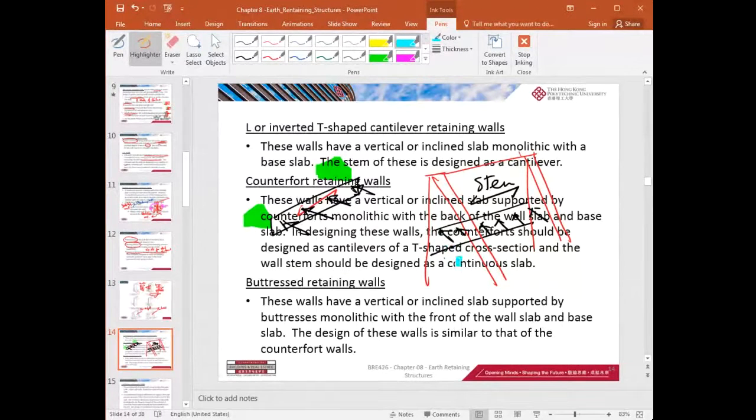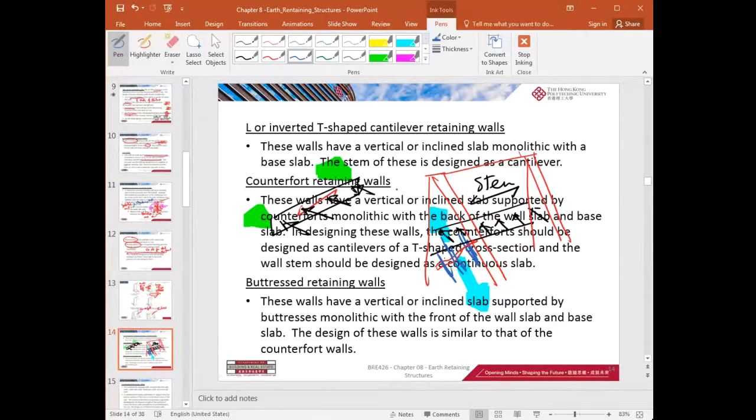So you develop a tension here, so that you are trying to pull this triangular piece of the counterfort wall into two pieces. So there's a crack here, right? That's a tension crack. So that is the counterfort retaining wall. You have to provide very strong reinforcement to resist this tension, right?